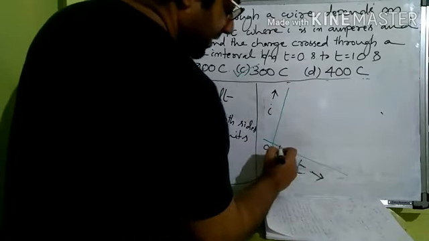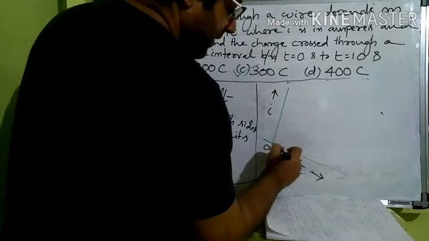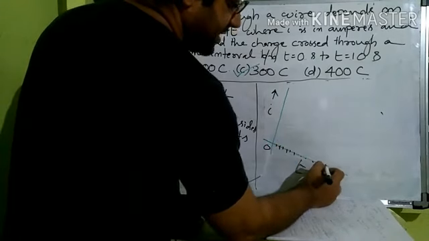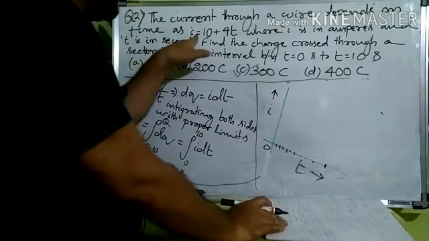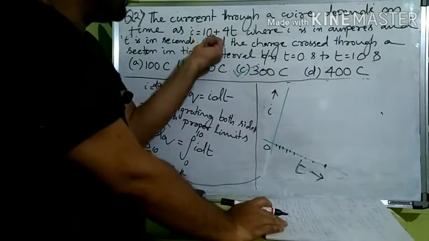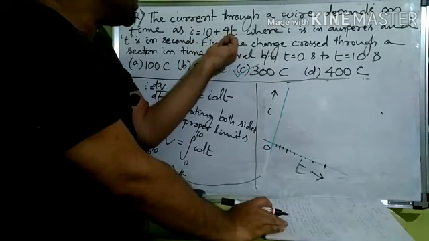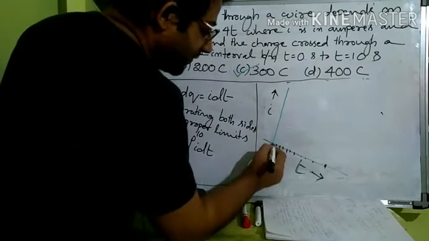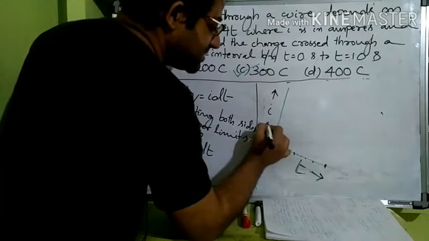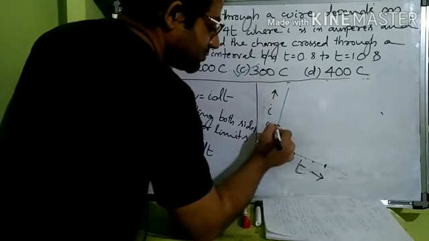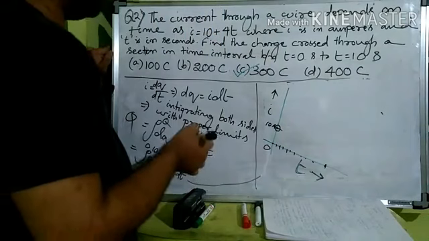Now 0, 1, 2, 3, 4, 5, 6, like that till 10 seconds we are saying. Now what is the current at t is equal to 0? Put here I is equal to 10 plus 4t. If you put t is equal to 0, I is equal to 10 ampere. So when t is equal to 0, I was already some value. Let us say this is 10 ampere.